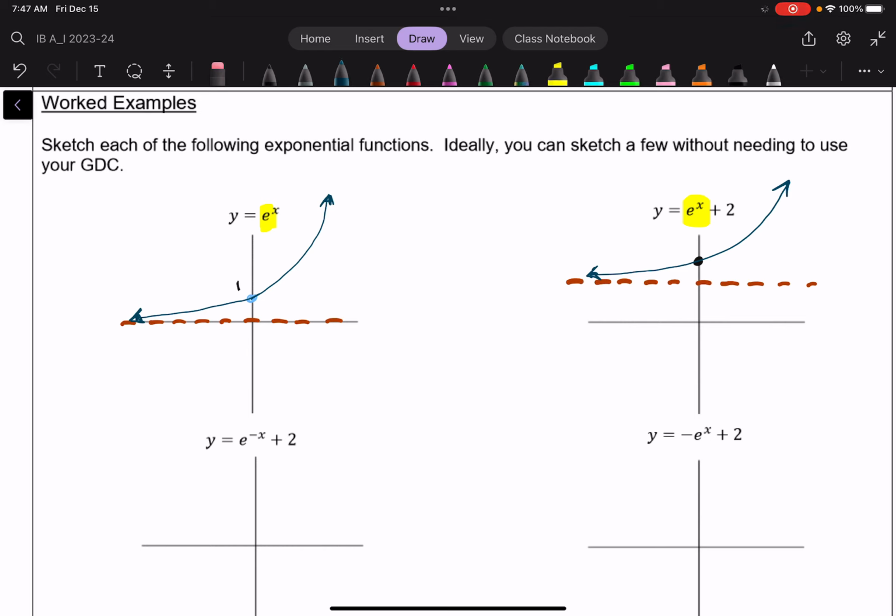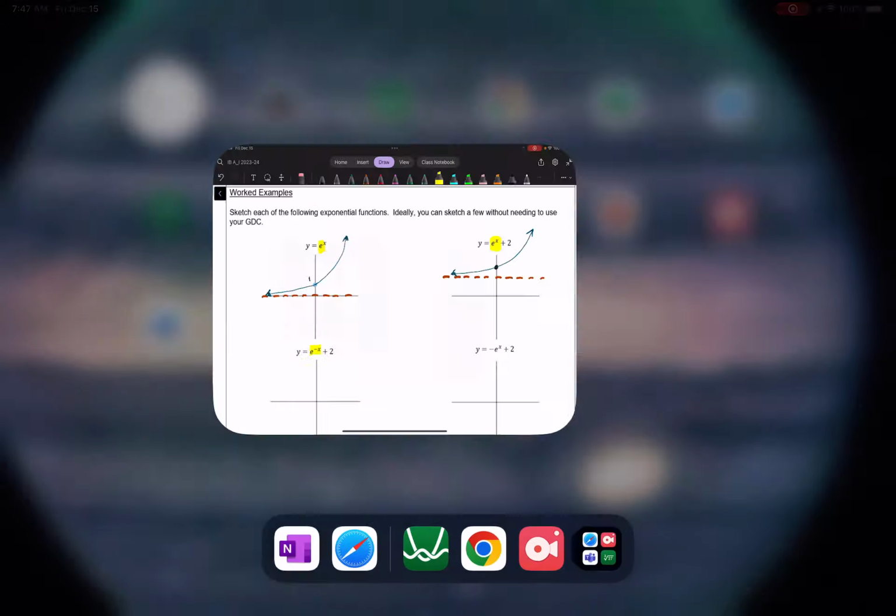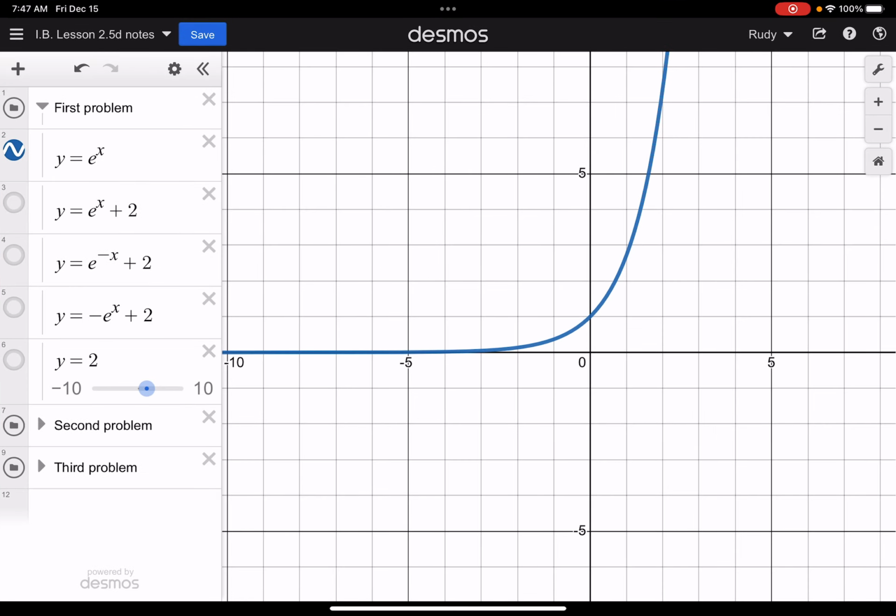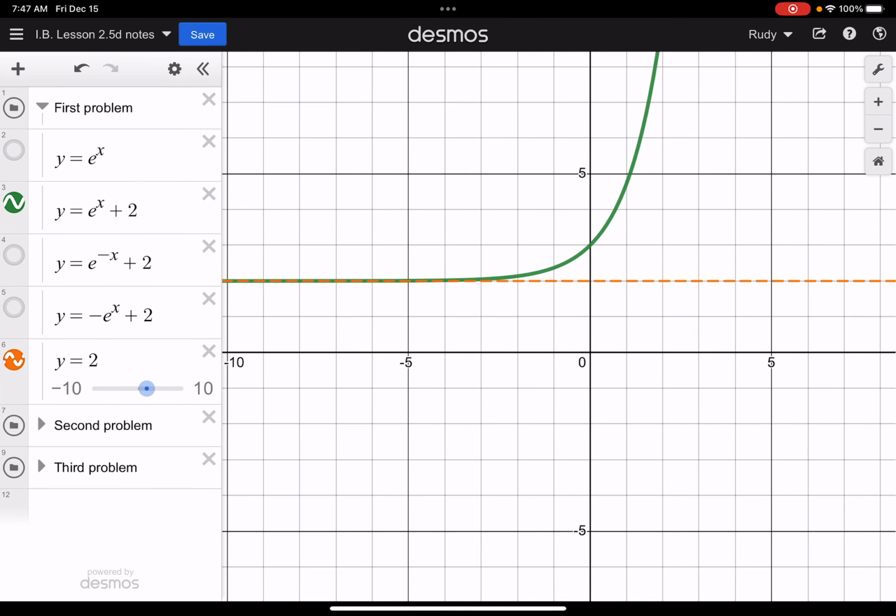If I change the input from x to negative x, that means all my x coordinates are changing sign, which in practice for the graph causes a reflection about the y-axis, or horizontal reflection. For example, here was a previous graph with the asymptote shown, and here is the graph we're looking at now.